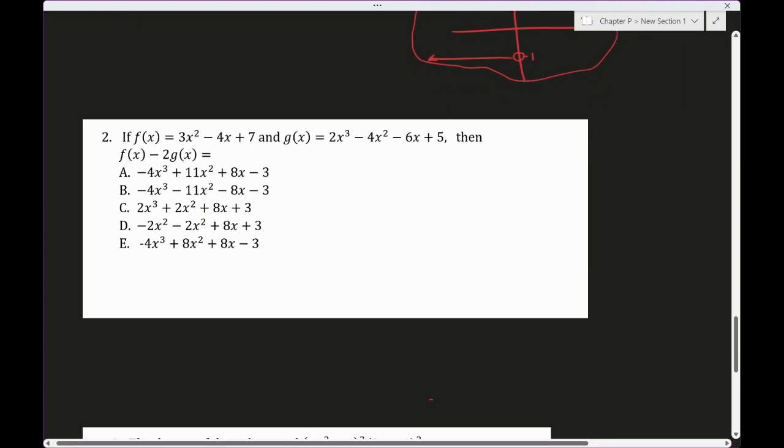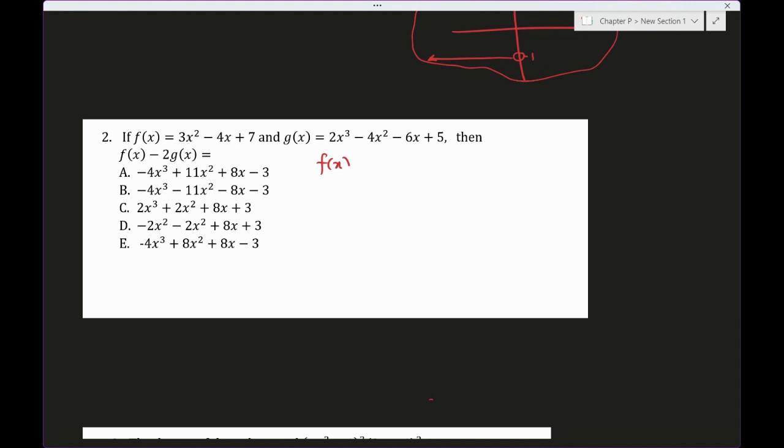Now, question number two is about operations, because here we have f and g. We want to find f of x minus twice g of x. So what is f of x? It is 3x squared minus 4x plus 7, minus 2 times g of x, which is 2x cubed minus 4x squared minus 6x plus 5.